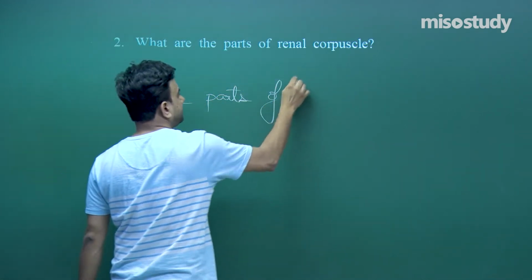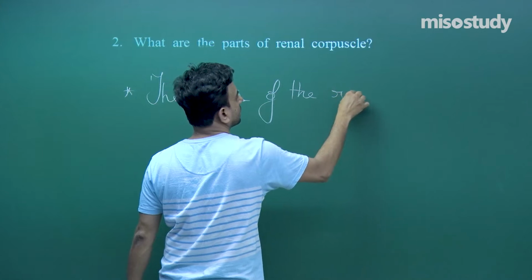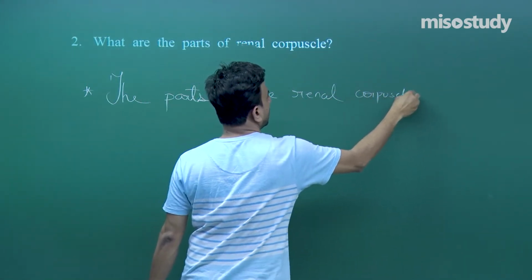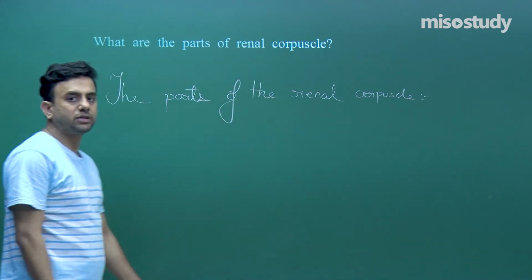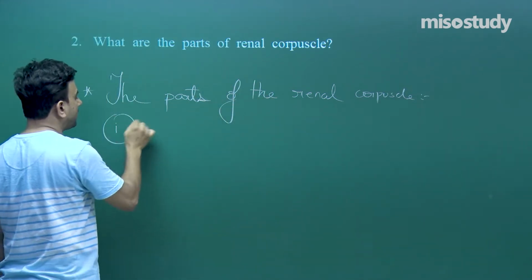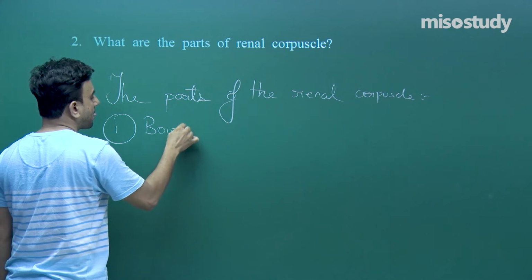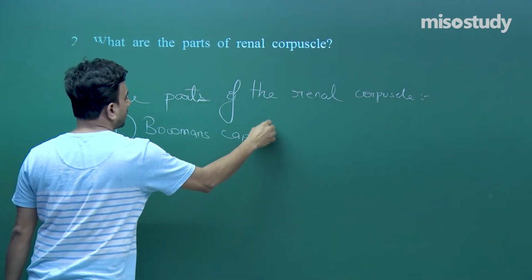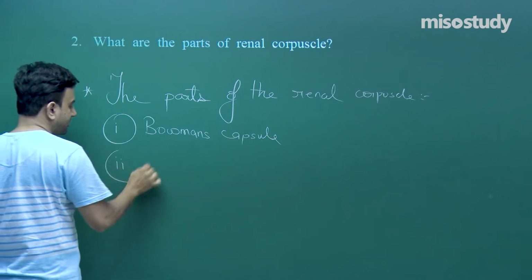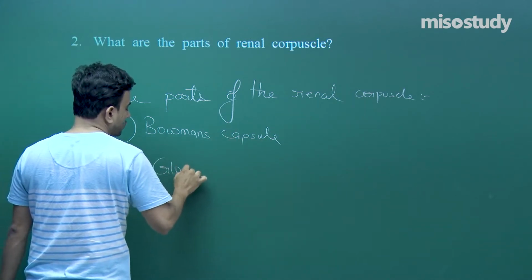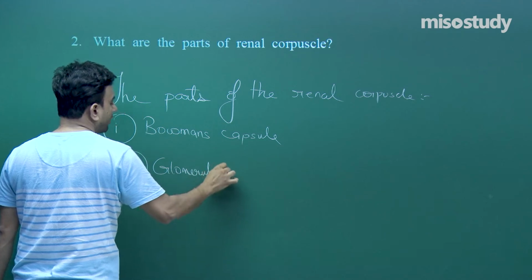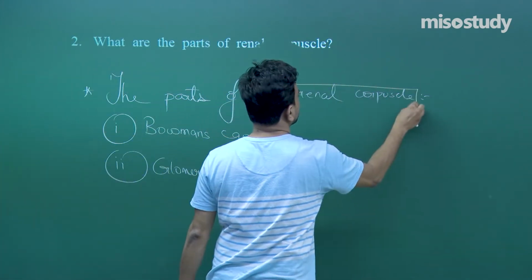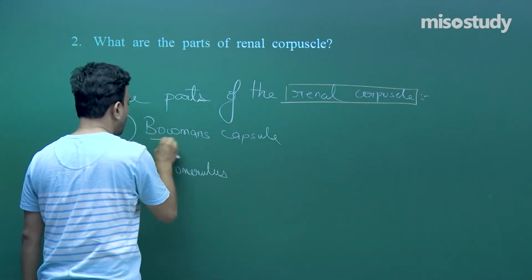The parts of the renal corpuscle will be, first of all, the Bowman's capsule, and the other one will be the glomerulus, and these two together will form the renal corpuscle, right?